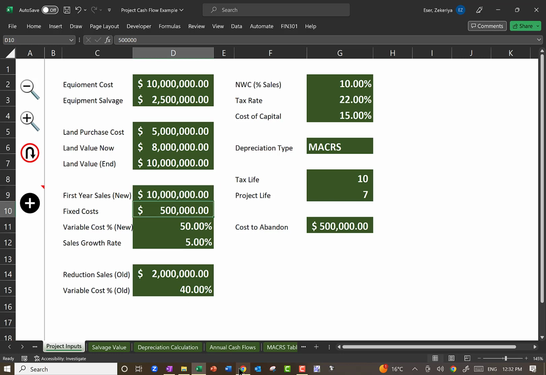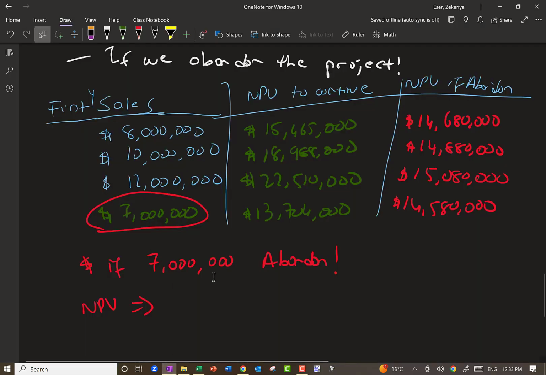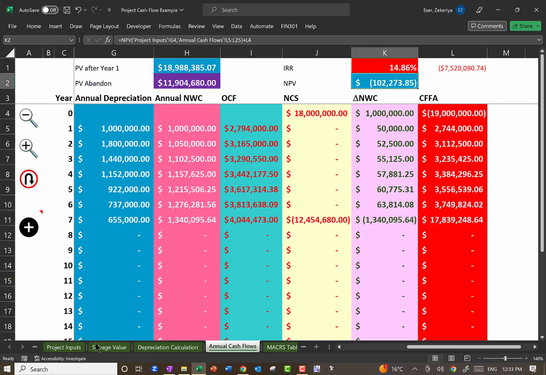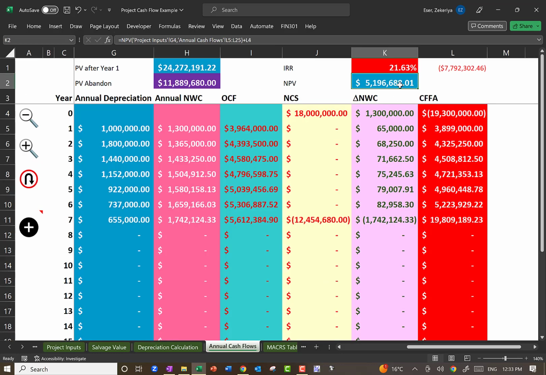We know we're going to continue with those, so I'm not going to calculate it. NPV of 10 million is negative 102. NPV of 13 is 5.1196.